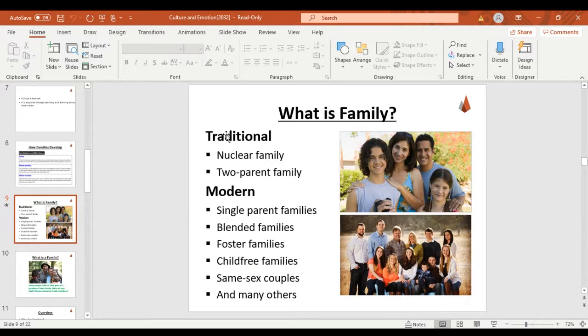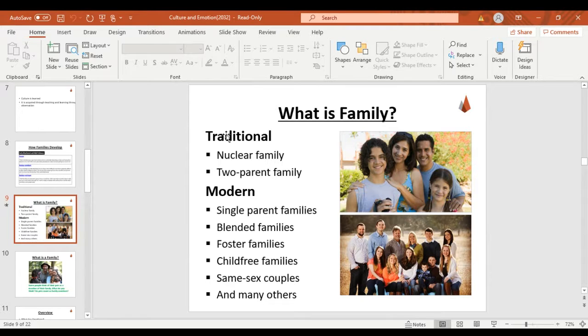All right, let's talk about family. We have the traditional family, which is people related by blood, mom and dad. That's just the overarching traditional family. Nuclear family is a family comprised of only parents and children. And a two-person family is one that has often a mother and a father.